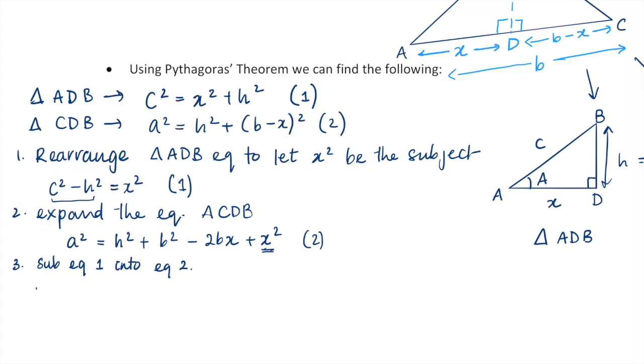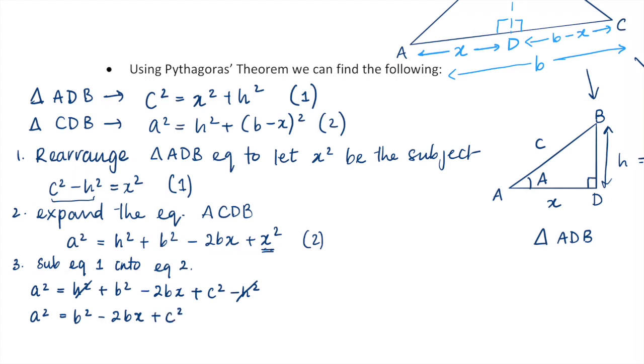So I'm going to write a squared is equal to h squared plus b squared minus 2bx plus c squared minus h squared. From here, I'm going to collect my like terms. h squared and minus h squared are going to cancel out. And that's going to leave me with a squared is equal to b squared minus 2bx plus c squared.